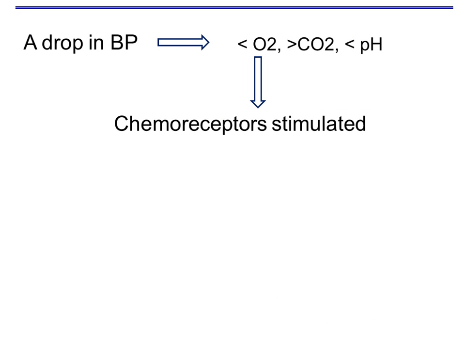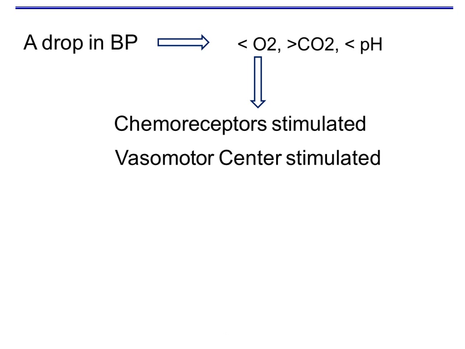So, we can affect the similar concept depending on chemical environments. A drop in blood pressure is usually also associated with a change in the chemistry. If I drop blood pressure, blood's not going to move through that tissue as quickly. And so my oxygen levels are going to drop, but my carbon dioxide levels will rise. And if my carbon dioxide levels rise, then the tissue becomes acidic. This chemistry change would stimulate chemoreceptors.